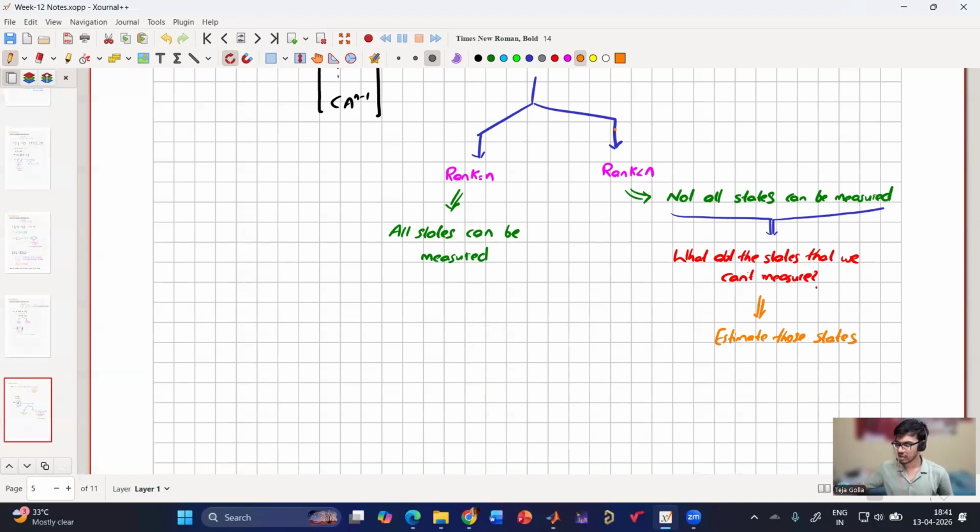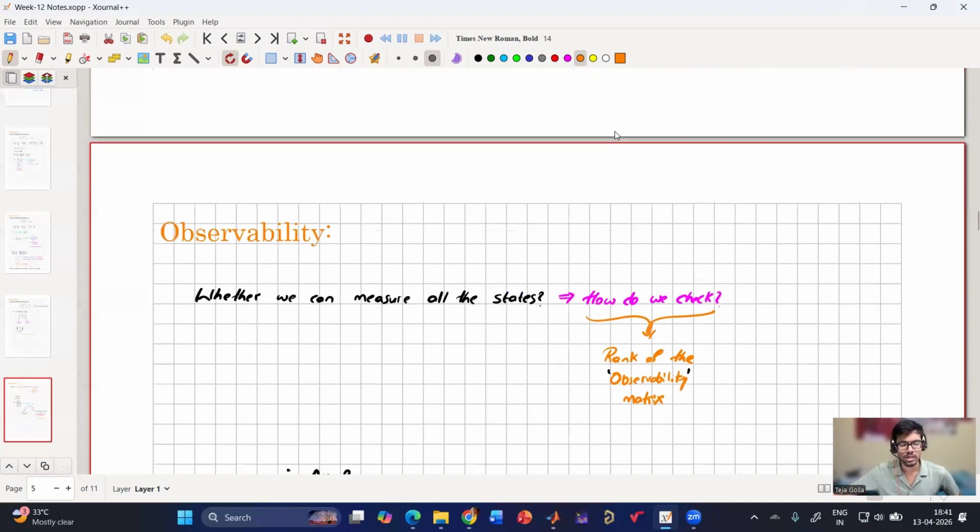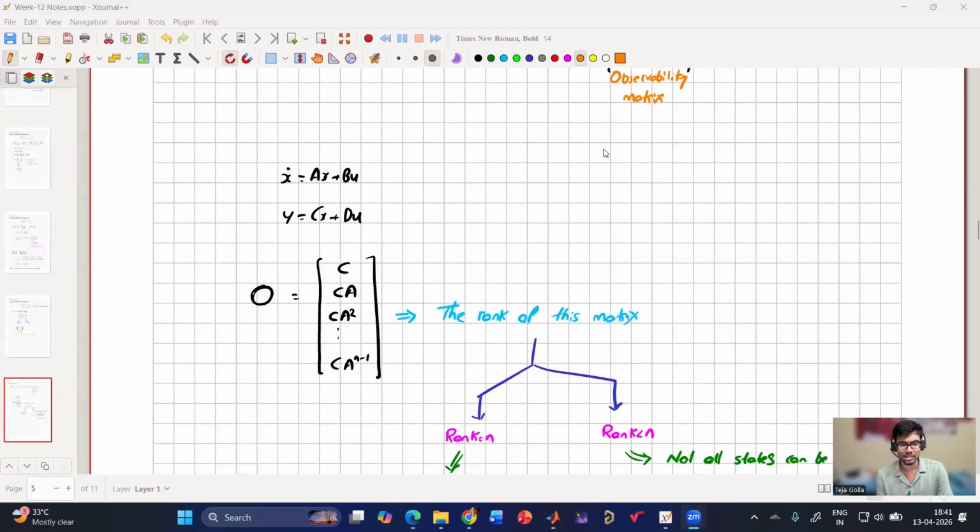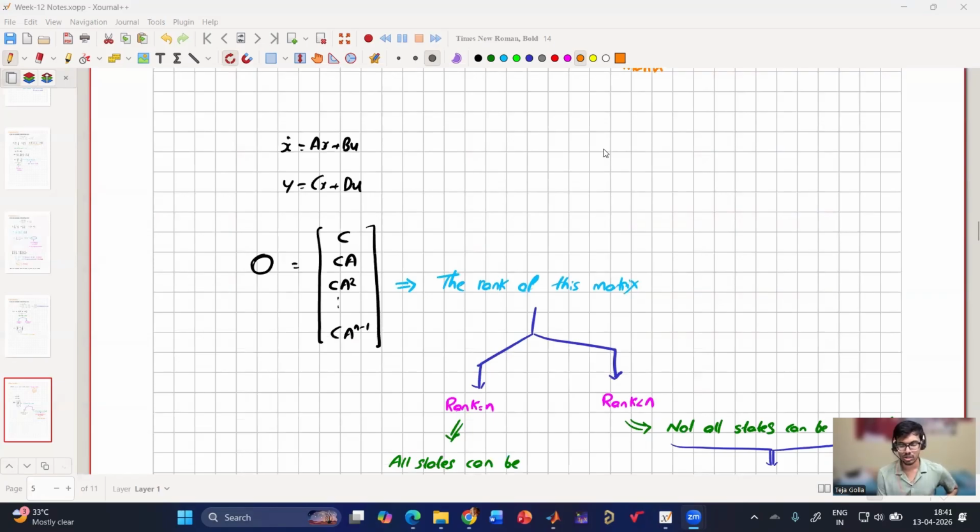Okay, so just to quickly summarize again what we have discussed. Previously, it was about the controllability matrix. Now we are discussing the observability matrix. How we check is we check the rank of the observability matrix, which is C, CA, CA square, up to C into A to the power n minus 1.